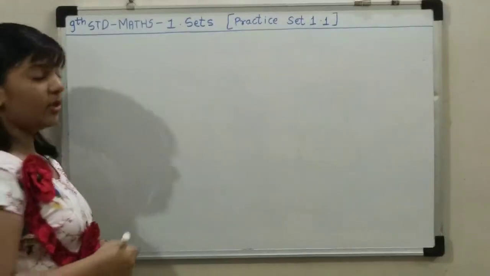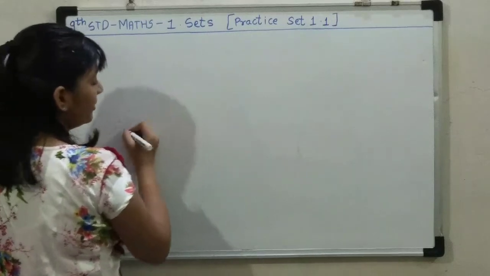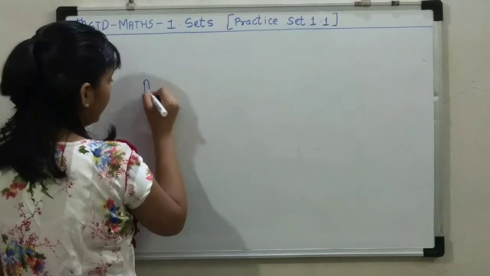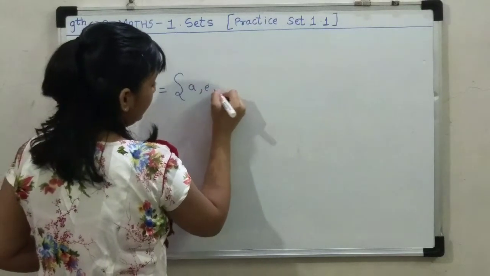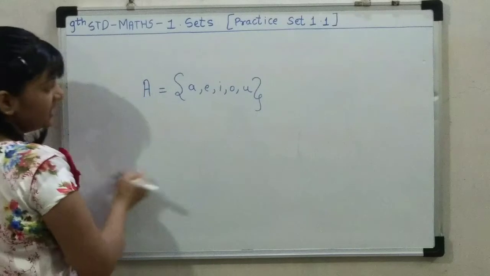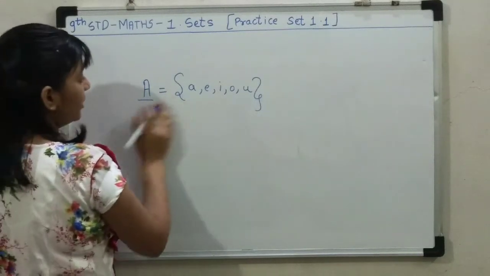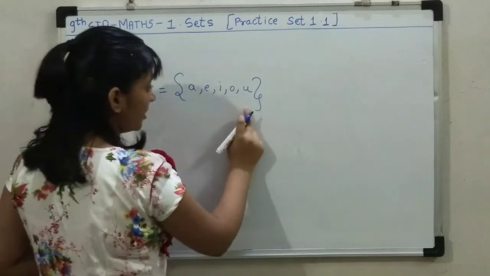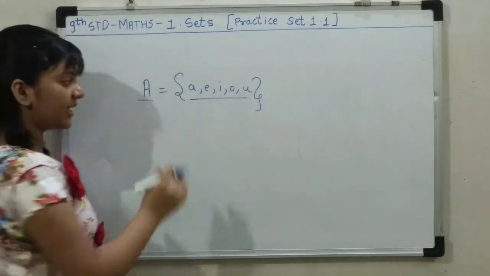Let's see an example of a set. If I have to make a set of vowels, first I will give a name to that set. Suppose set A equals the vowels a, e, i, o, u. This A is a capital letter, I have denoted the set with a capital letter, and inside, the elements or members are written in lowercase letters.